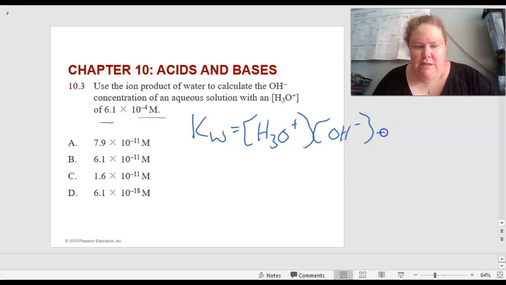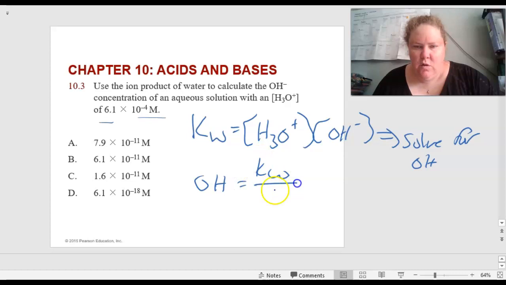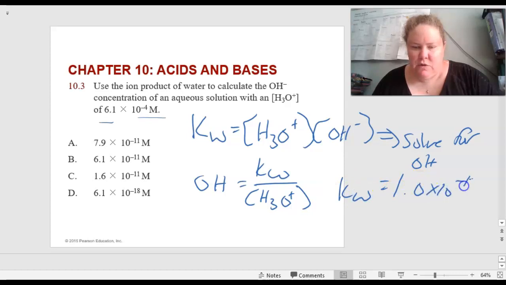So then when we rearrange that to solve for OH, what we end up getting is OH is KW over H3O plus. And the standard for KW is that it's 1.0 times 10 to the minus 14.